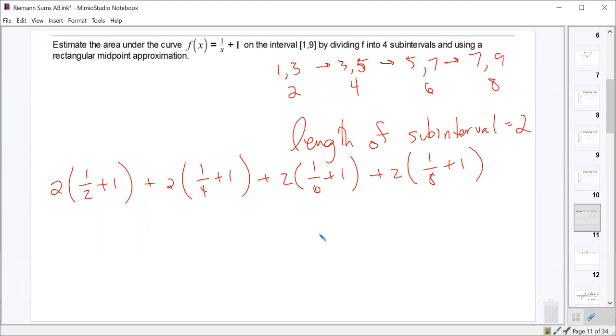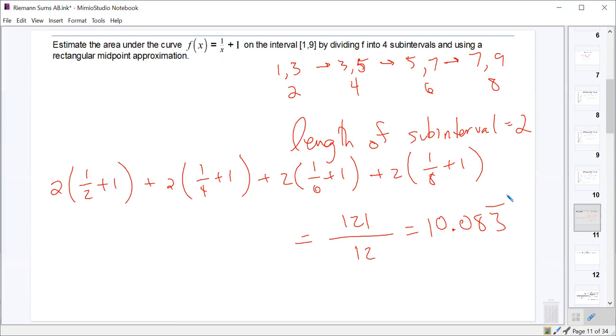Yeah, 10 and 1/12. Okay, so 121/12. Or, well, actually, we could say that's exactly equal to 10.083 repeating.